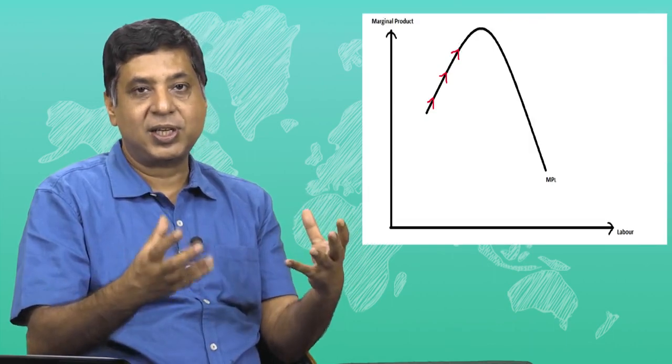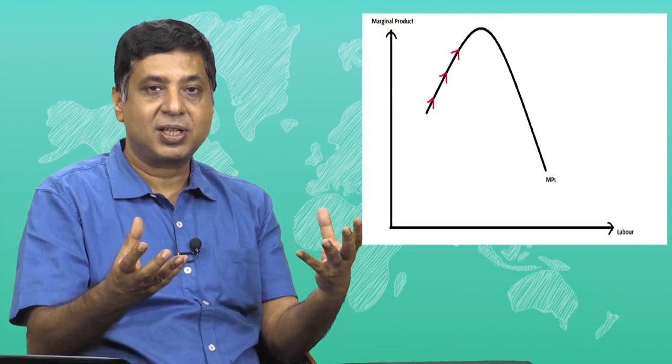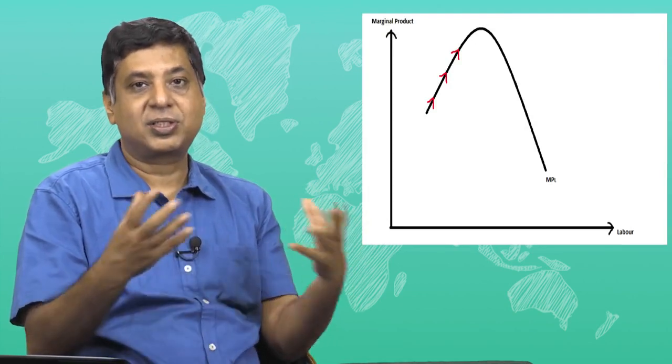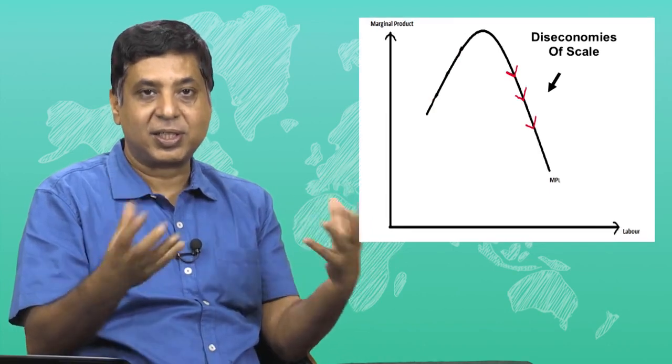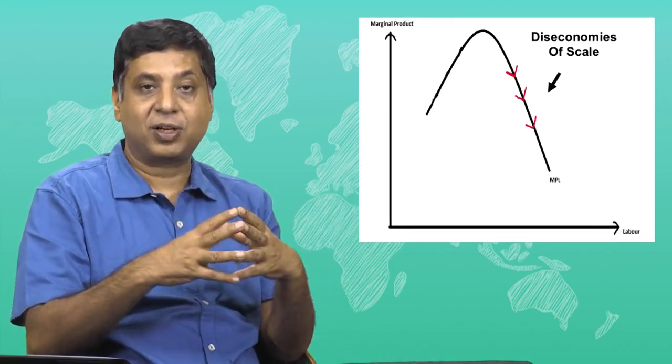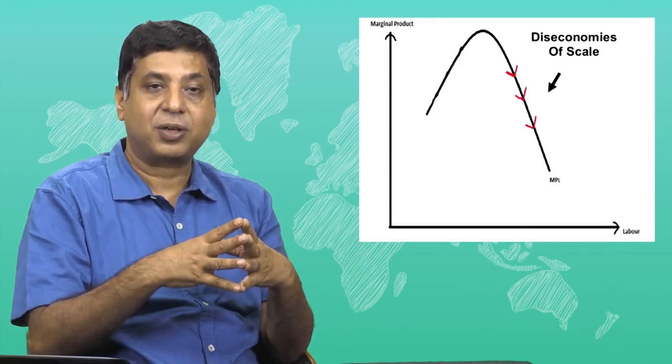So, what happens is that most businesses find that as they start off small, they initially experience economies of scale and their productivity increases, and then once they have reached a certain size and they grow even bigger, they start experiencing diseconomies of scale, and then they find their productivity starts to go down.